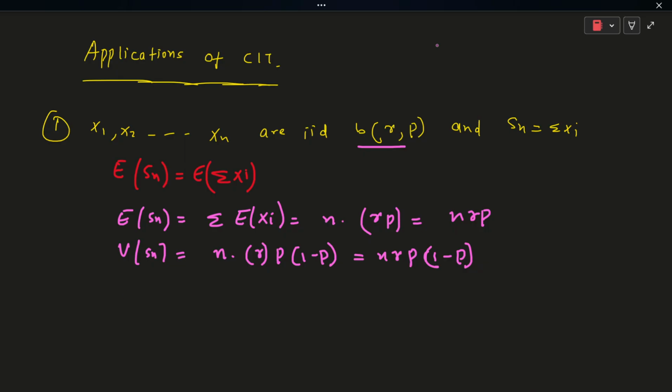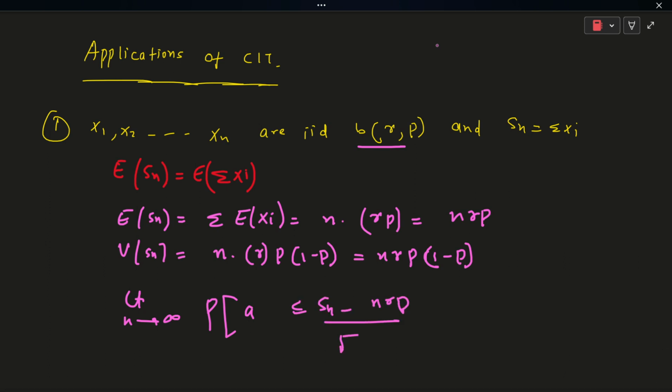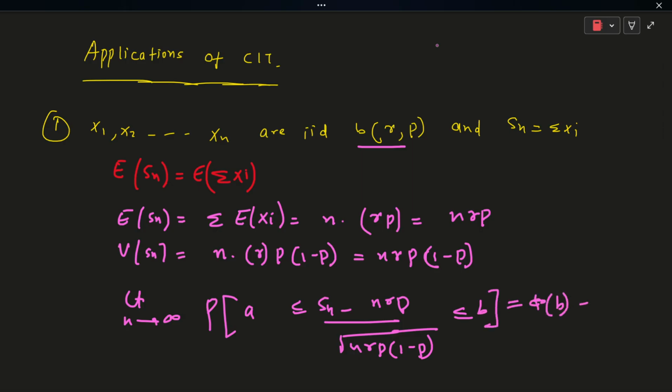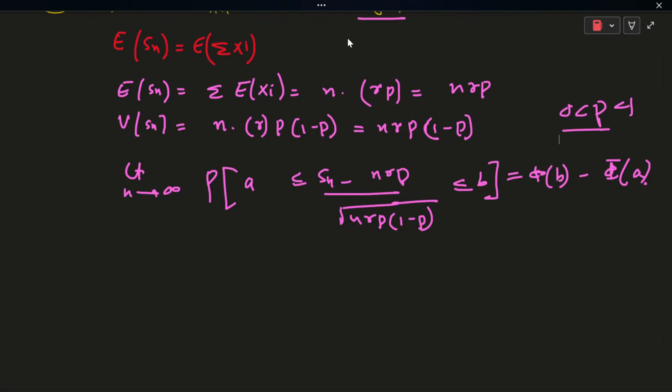Then the limit as n tends to infinity of the probability that (Sn minus nRp) divided by the square root of nRp(1 minus p) is between a and b is equal to phi of b minus phi of a, where p is between 0 and 1. See, the limits of this Z will never use strict inequality.